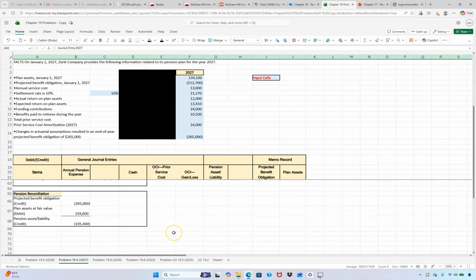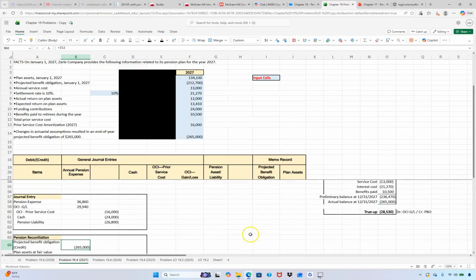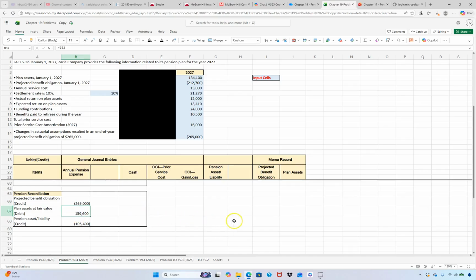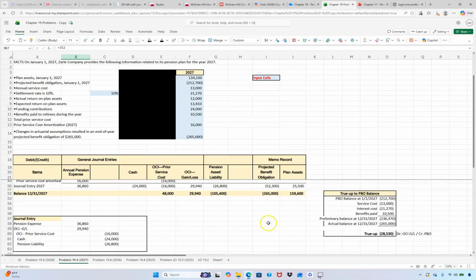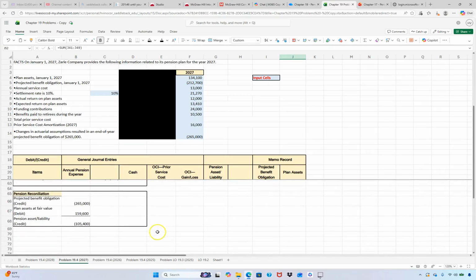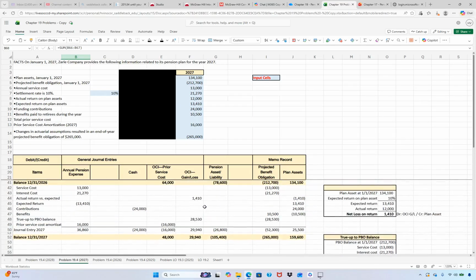And then finally, when you're going to report it on your financial statements, you have to look at your ending projected benefit obligation, which is 265,000, and my ending plan assets is 159,600. So my net liability is 105,400, which again means I am underfunded. I'm not going to go through one more year, but this is how you do a pension worksheet.